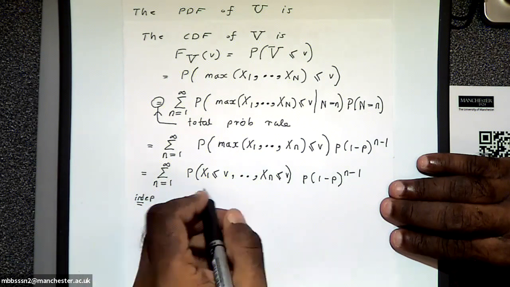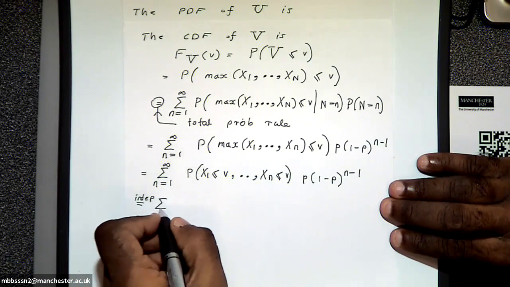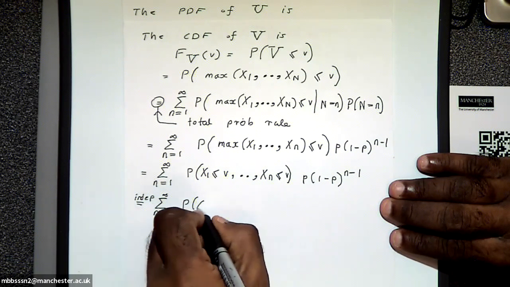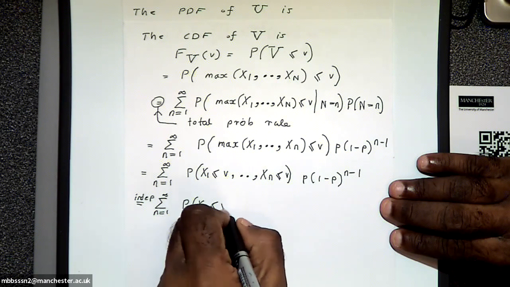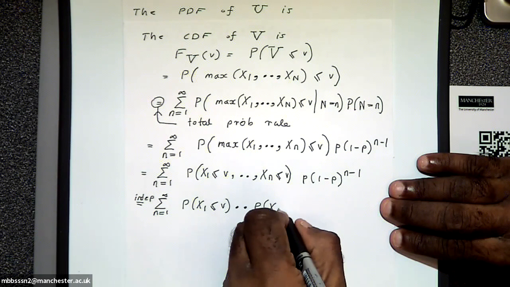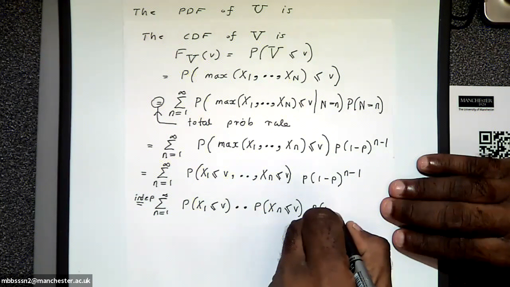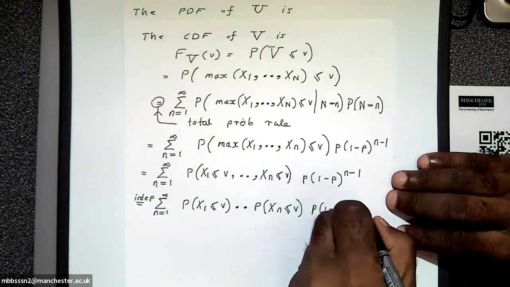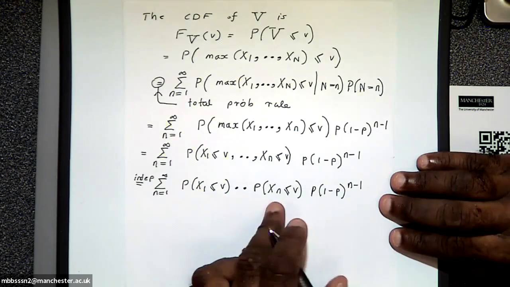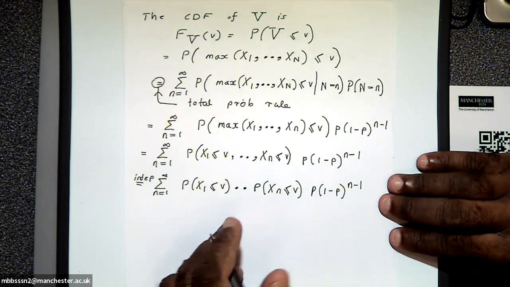Using the fact that x1 to xn are independent random variables, you can write this as the product. Now, each of these is the CDF of an exponential random variable.